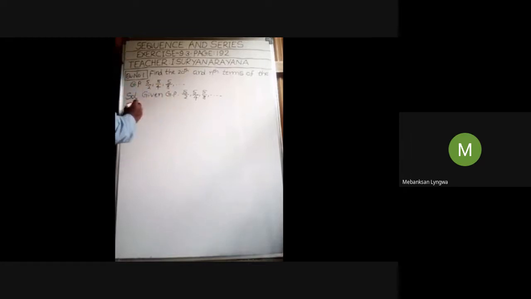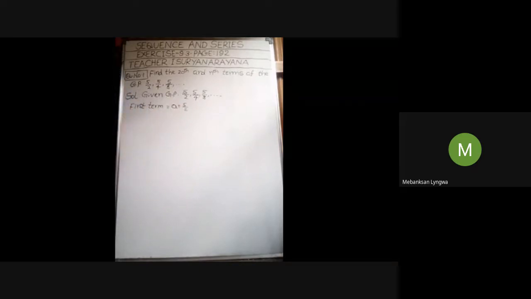Yes, 5 by 2. So first term, a is equal to 5 by 2. Okay, my children, understood this step? Right. Next, let us find the common ratio, that is denoted by small letter r.